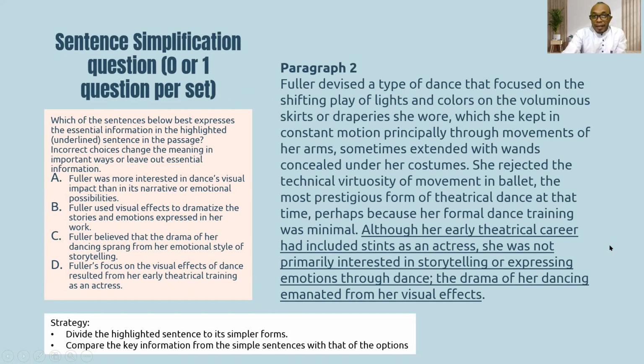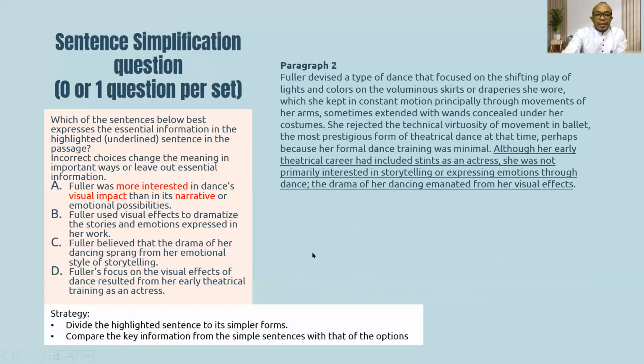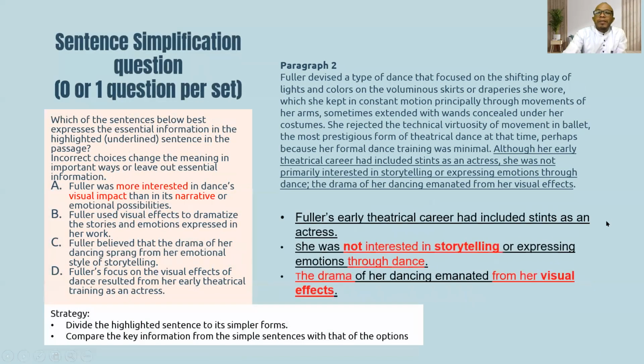You ready to check your answer? Let's see. So to answer this, let's try to simplify the underlined sentences in the paragraph first. If you break down these complex sentences, you'll see that there are three key ideas. The first one is Fuller's early theatrical career had included stints as an actress, right?